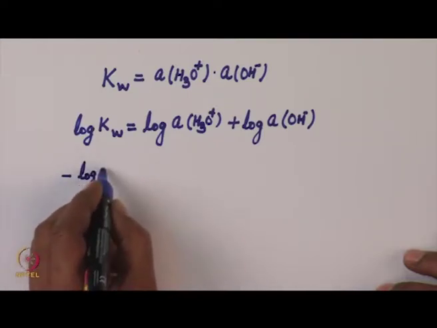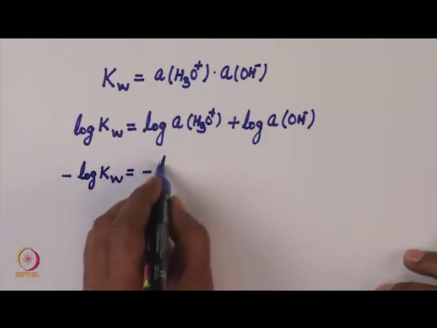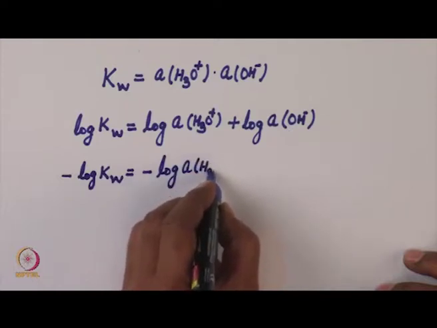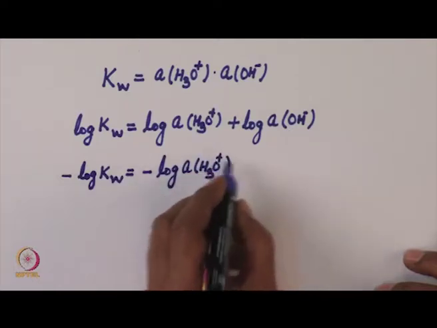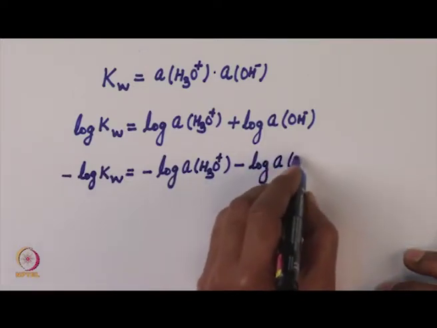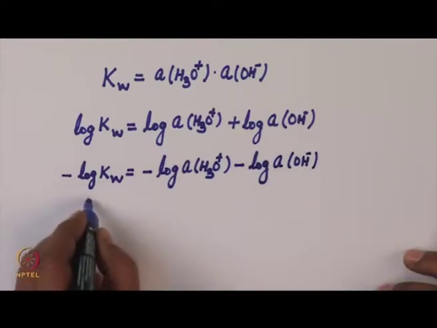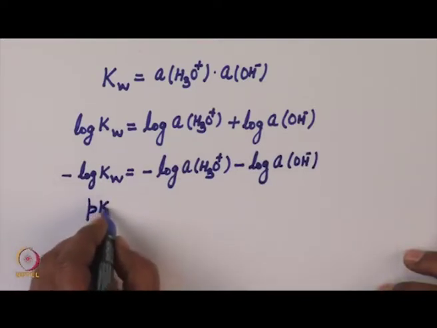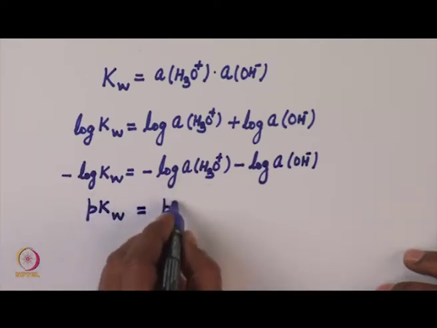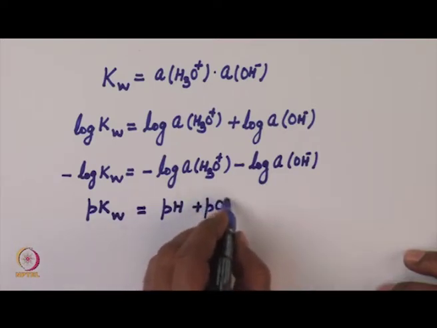Minus log Kw is equal to minus log activity of H3O plus minus log activity of OH minus, and this is pKw, this is equal to pH and this is equal to pOH.